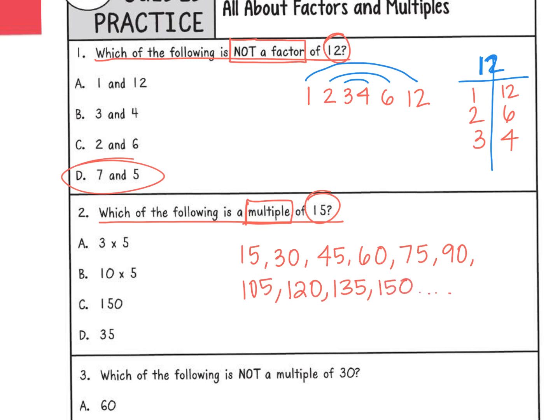Okay, it keeps going. So which of these is a multiple of 15? 3 times 5, those are factors. 150 should be the correct answer. Okay.